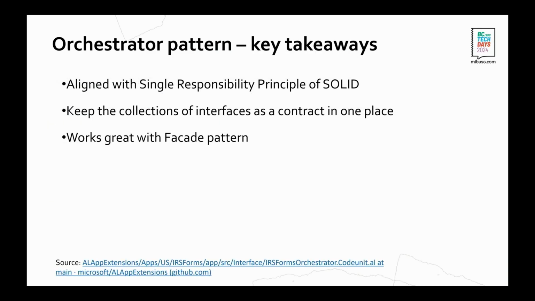So we have the single responsibility principle of SOLID. We keep the collections of interfaces and contracts in one place, and it also works very well with the facade around. So you have implementation and a facade. Again, there is a link to the code.